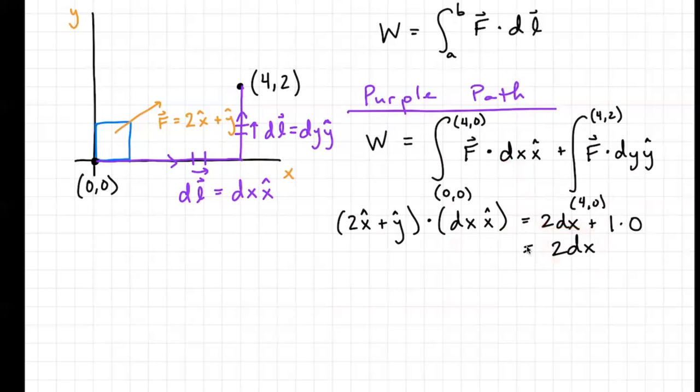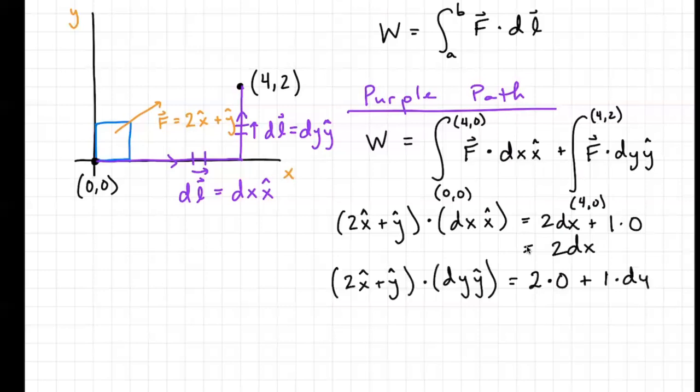For the second part, we have a similar dot product, except it's F dot dy y hat. So we can do that part. F dot dy y hat. Similar story here, except now there's no x component for the second vector. So if I do the x component of the first times the x component of the second, I get 2 times 0. But then the y components give 1 times dy.